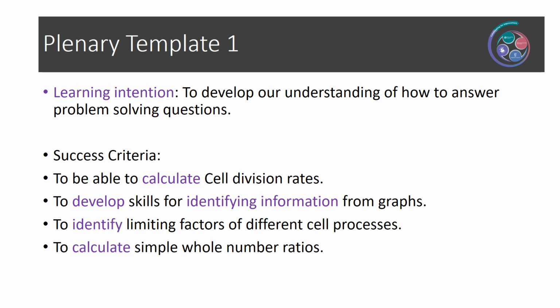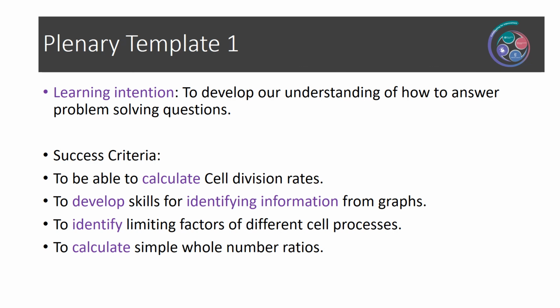You should also be able to identify limiting factors of different cell processes. So things like your temperature, carbon dioxide concentration, and light intensity for your photosynthesis, and then oxygen and temperature for your respiration.